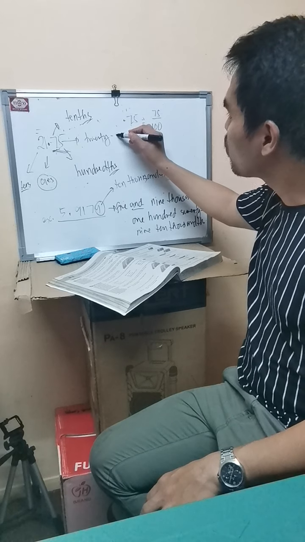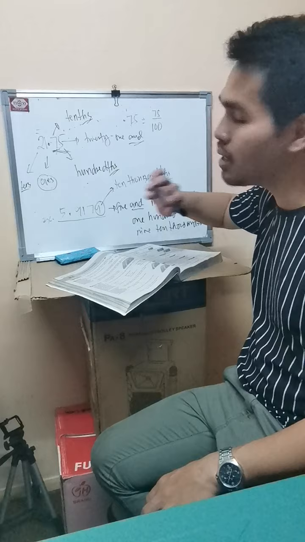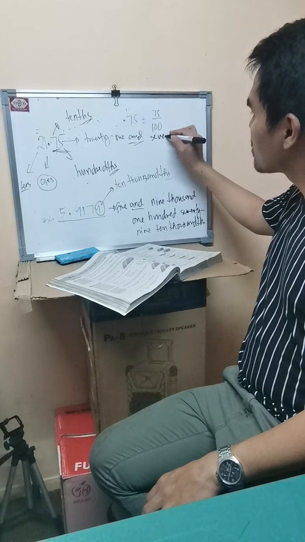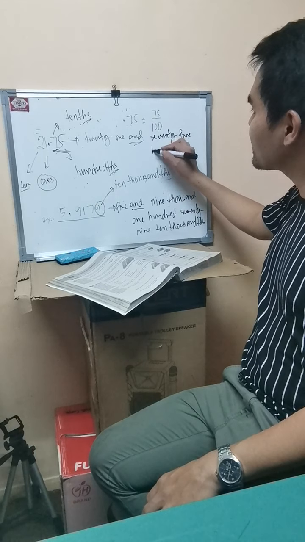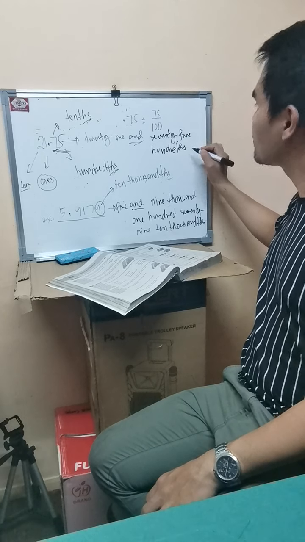If we write this one in word form also, that's 21, and of course the "and" here signifies the decimal point, and 75 hundredths.